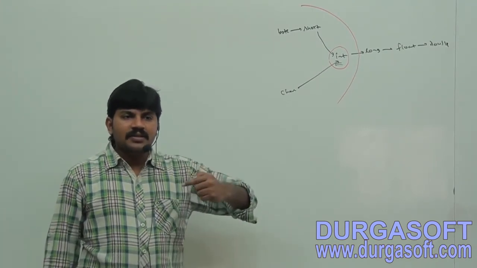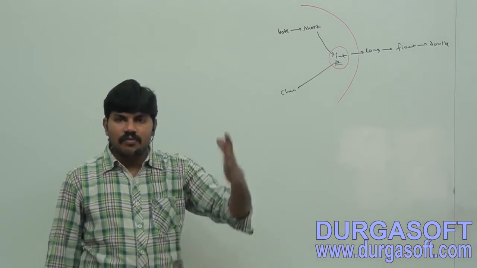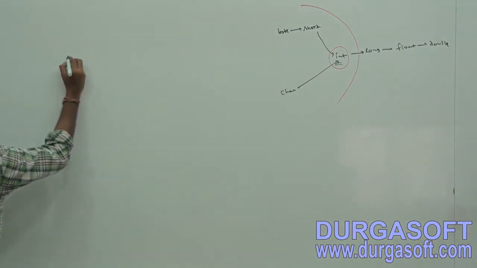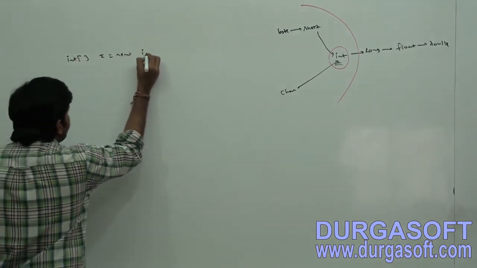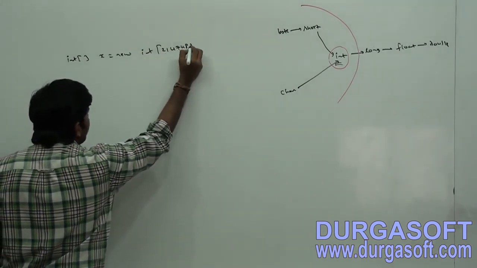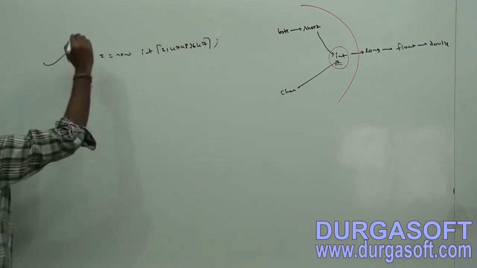Obviously the maximum allowed array size in Java is 2147483647. I can take it like this: int[] x = new int[2147483647]. Perfectly allowed.